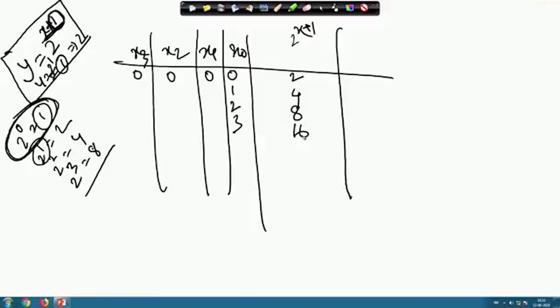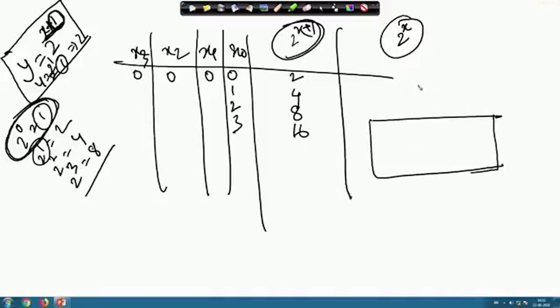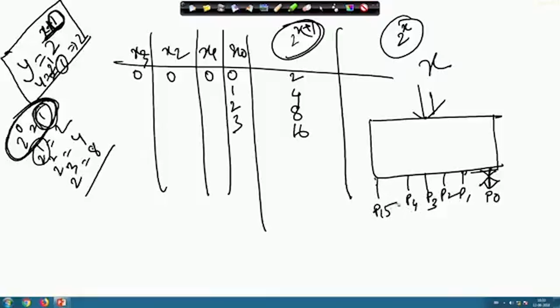So now from this 2 to the power x block, how can we design 2 to the power x plus 1? If I draw this particular circuit, with x as input, initially the outputs were P0, P1, P2, P3, P4, and so on up to P15.